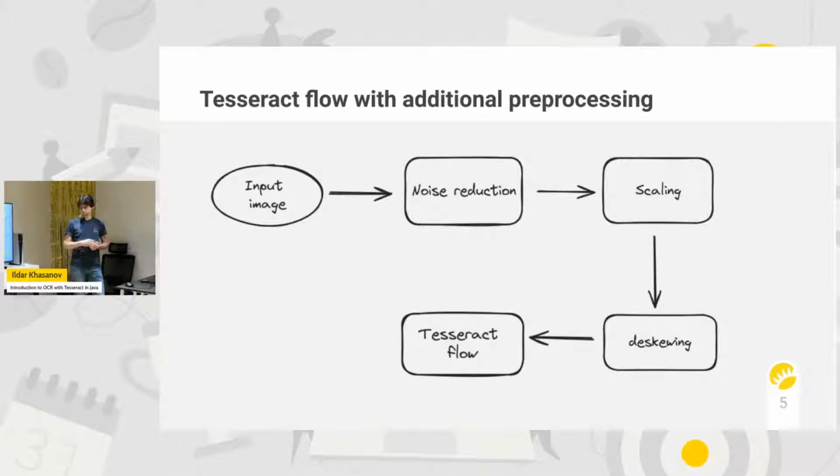And at that stage, you probably would like to do some normalizing of the image, because an image can be not only skewed but morphed. It may have some distortion. I will not speak about it because it's quite a complex topic by itself. But using OpenCV, you can perform that task too. And after that, we will just follow our normal Tesseract flow and receive our output text.